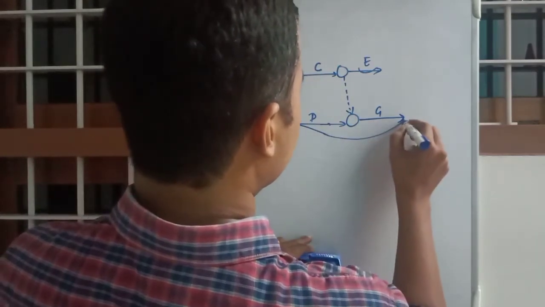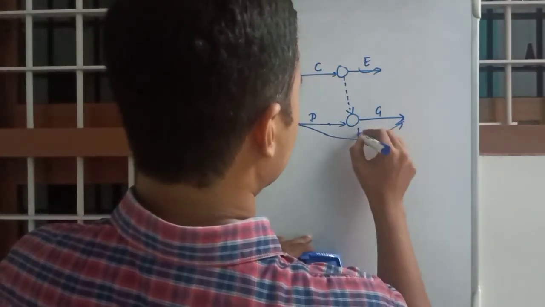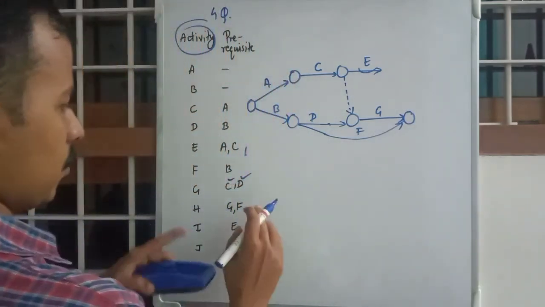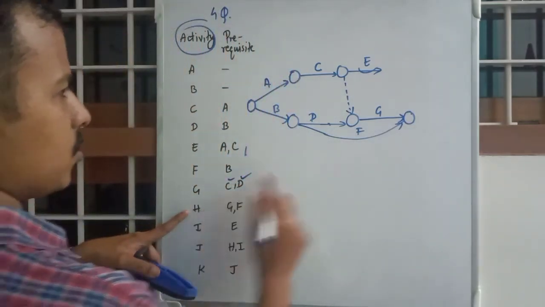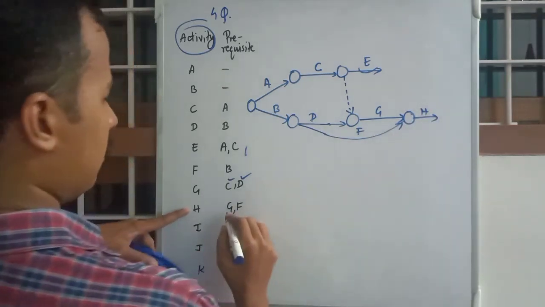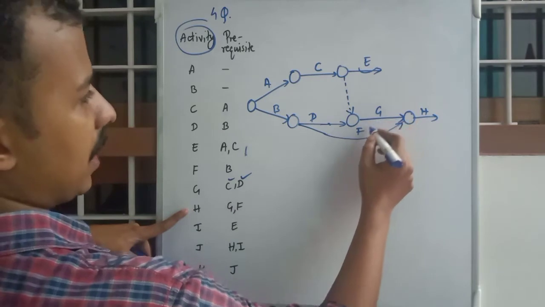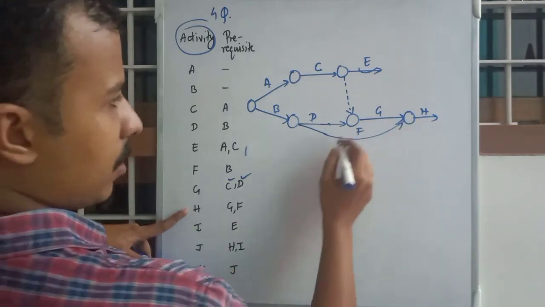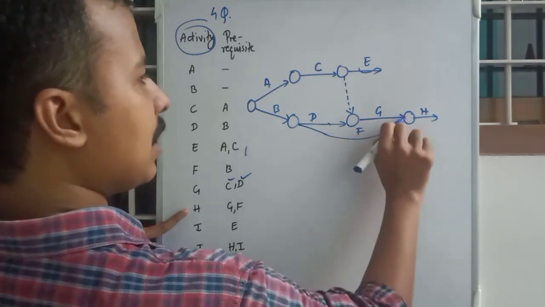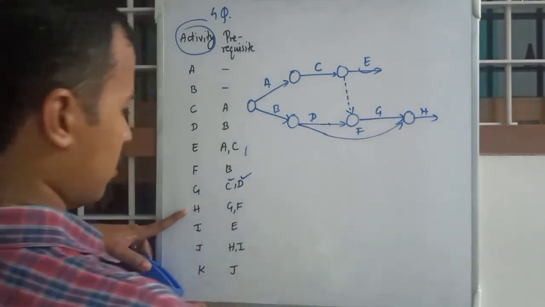This will be F. Because H is this activity which has prerequisites G and F, as you have F and G to a single event, so that you can start your H right away.